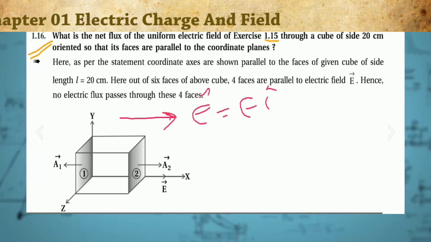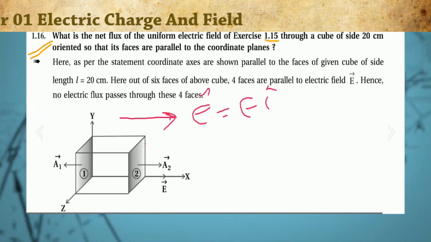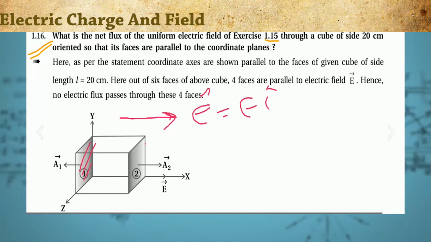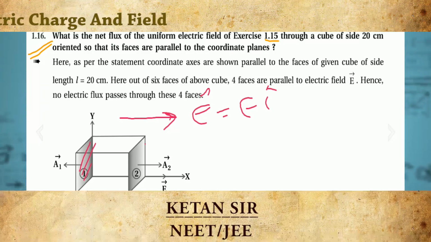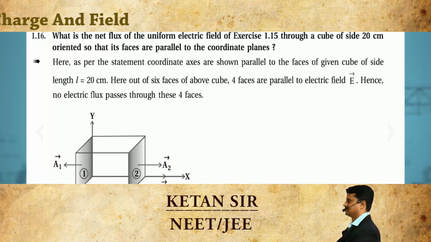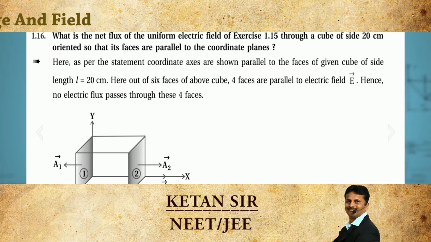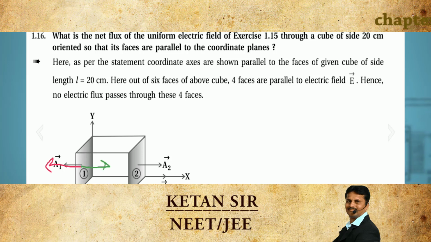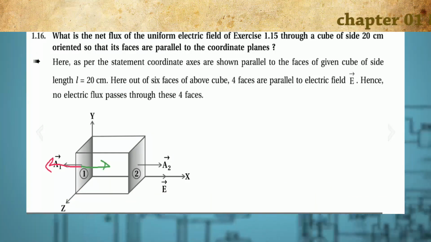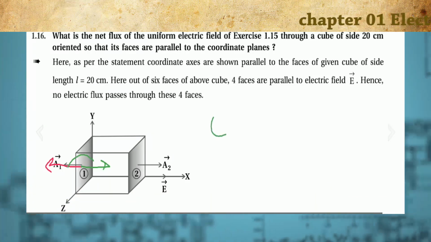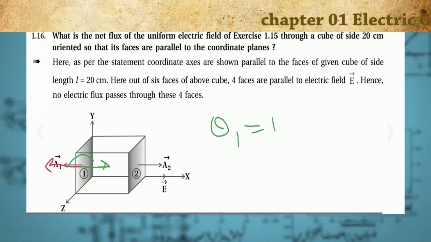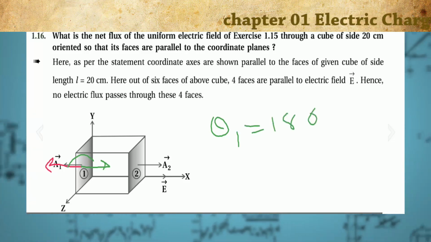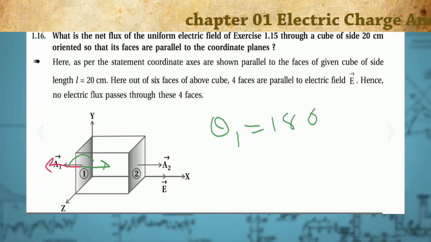Here two faces have an electric field, one is face 1. Face 1 has an area vector perpendicular to the face in this direction, and the electric field is in the positive x-axis direction, meaning the angle between them, theta 1, is 180. Look here, why is it 180?